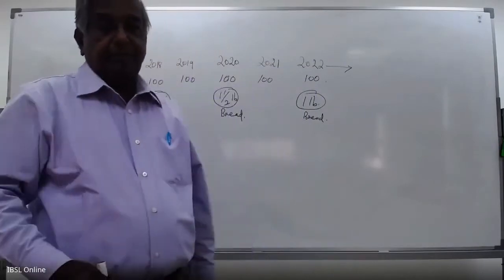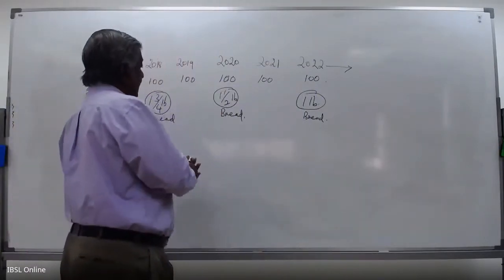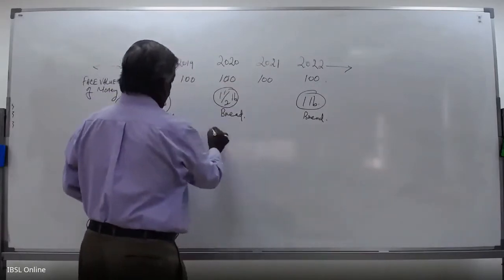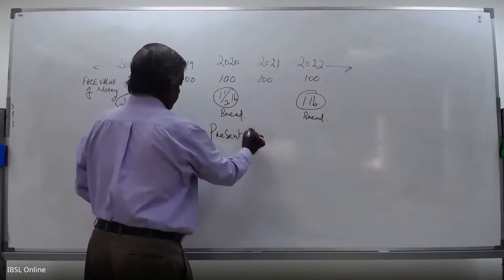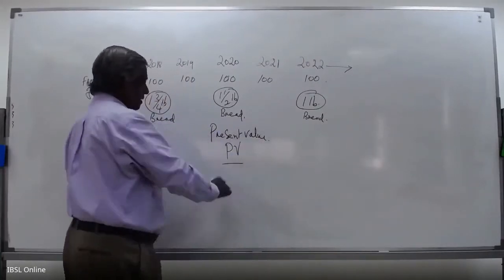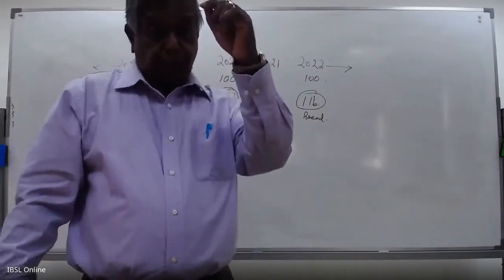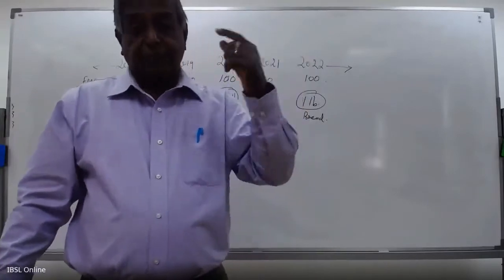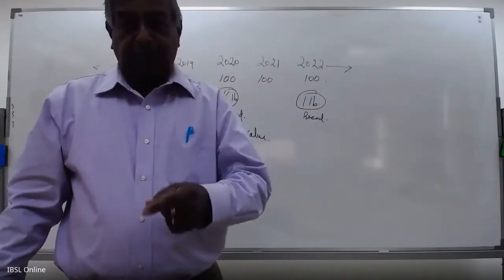Then there are two terms in the value of money. Today's value of money we call present value, PV. What you have today, you can call present value of money, PV.